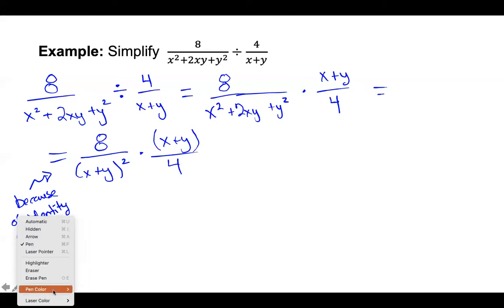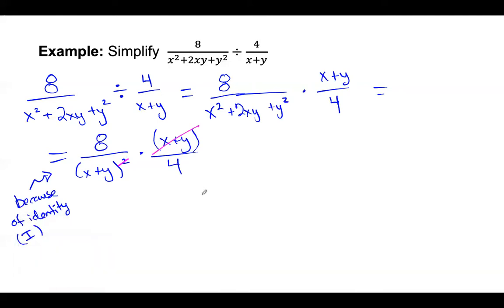Now we can use the cancellation property, cancel this with one of these because there's 2 on the bottom. And we're left with 8 divided by 4 times x plus y.